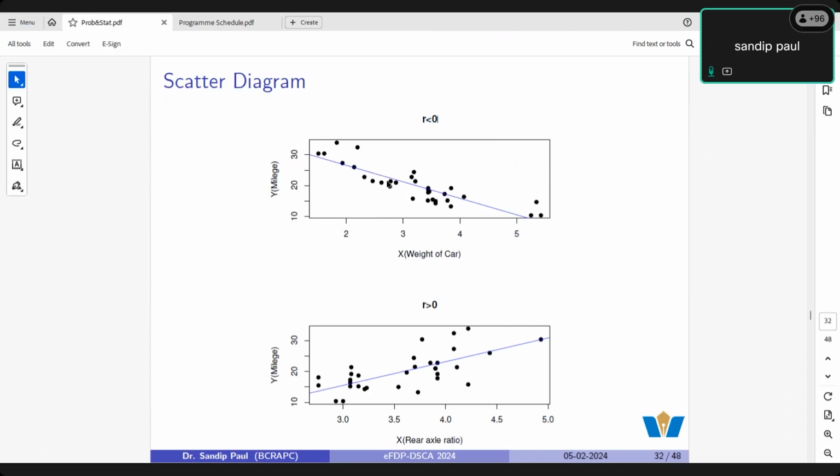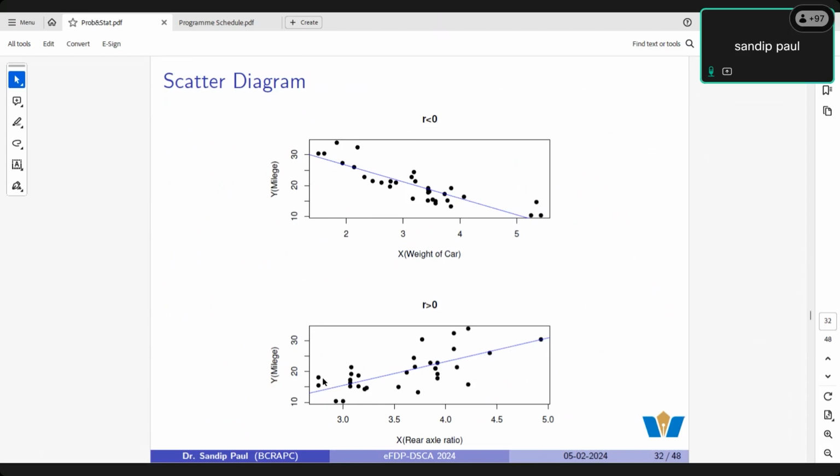If we have a diagram where a smaller value of x gives a higher value of y, and a higher value of x produces a smaller value of y, that means they are negatively correlated. The opposite pattern can be followed here. If smaller values of x give smaller values of y, and higher values of x give higher values of y, then they are positively correlated.